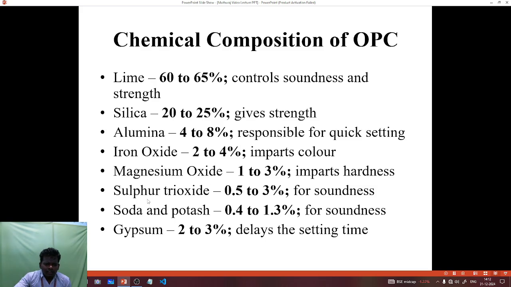Sulfur trioxide, 0.5 to 3%, and soda and potash, 0.4 to 1.3%, are for soundness. Gypsum, 2 to 3%, delays the setting time. If gypsum is reduced below 2% or increased above 5%, the setting time will be accelerated and leads to quick set. If the gypsum is maintained between 2 to 3%, the setting time will be delayed.